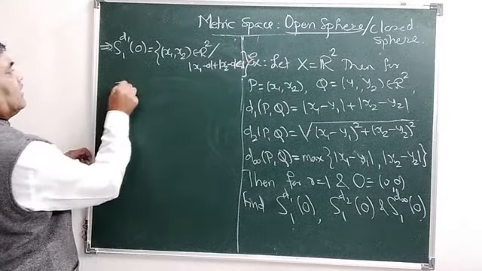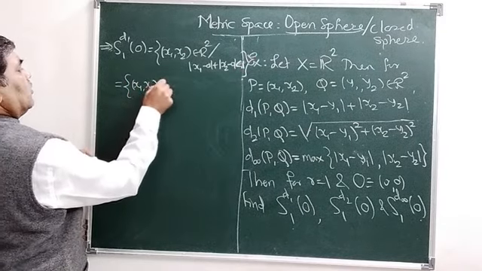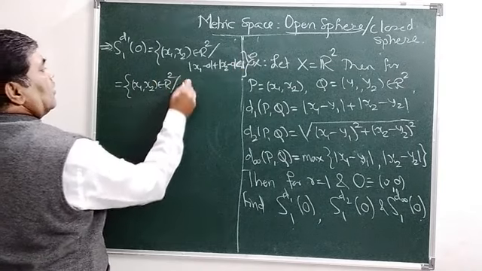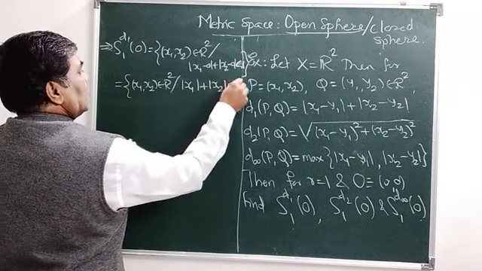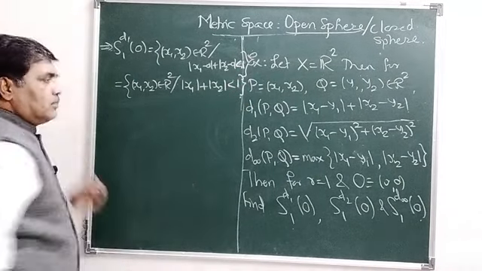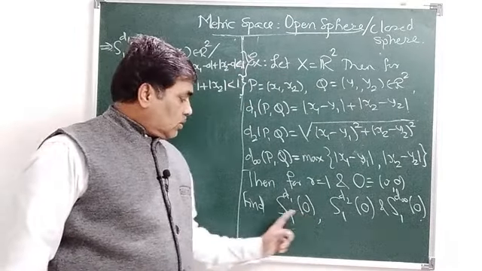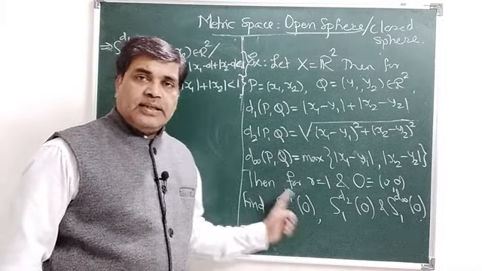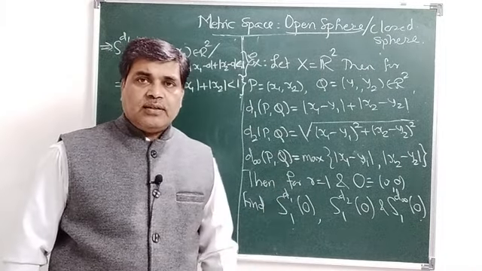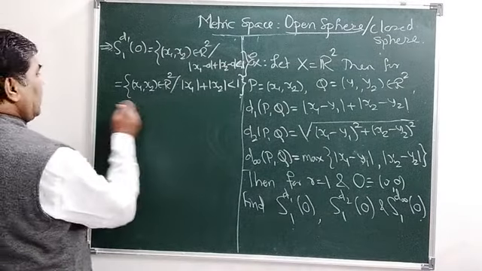That is the set of those (x1, x2) belonging to R2 such that mod x1 plus mod x2 is less than 1. So I am drawing the open sphere about the origin with radius 1 with the d1 metric.